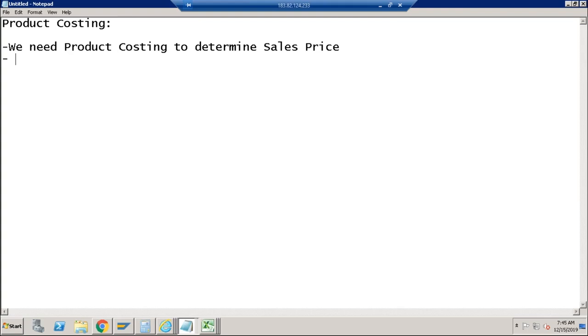I want to see how the variance report is calculated, how the adjustment happens, and also the transfer prices. That is what I have in mind associated with product costing. Okay, so to control the price and get the variance report.